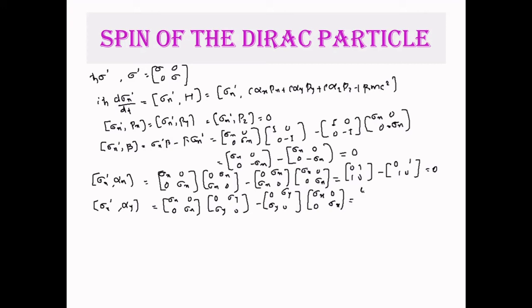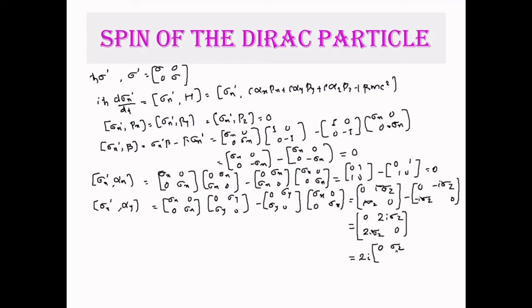So you will get the first product as (0 i sigma_z; i sigma_z 0) minus (0 minus i sigma_z; minus i sigma_z 0). When we subtract these two matrices, you will get (0 2i sigma_z; 2i sigma_z 0), and you can take 2i outside, so you will get 2i into (0 sigma_z; sigma_z 0), and it is the matrix alpha_z. So you will get 2i alpha_z.